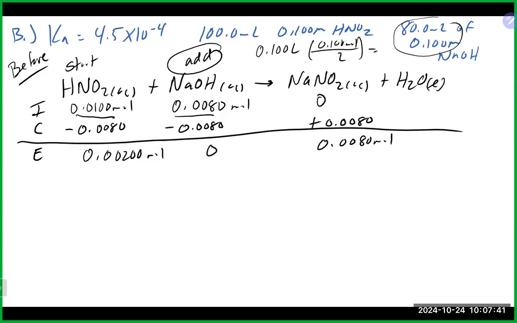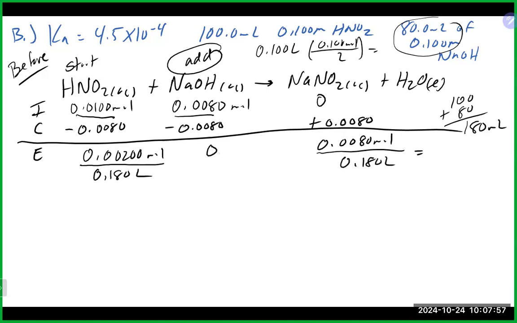Our total volume at this point, we started with 100, we added 80, a total volume of 180 milliliters. So again, we're going to convert these back to molarity just to be on the safe side, that way we're always in the unit we most likely want, which is molarity.